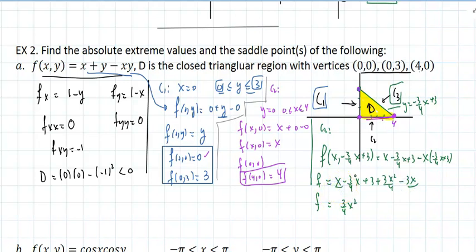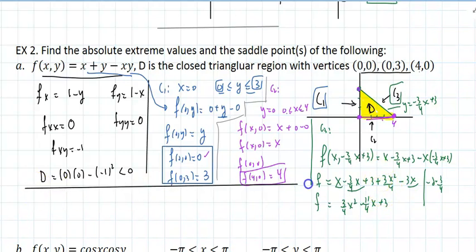Negative 3 plus 1 is negative 2, negative 2 minus 3 over 4. What is that? 8. That's negative 11 over 4 x plus 3. That's the equation I'm trying to find a maximum or a minimum on.